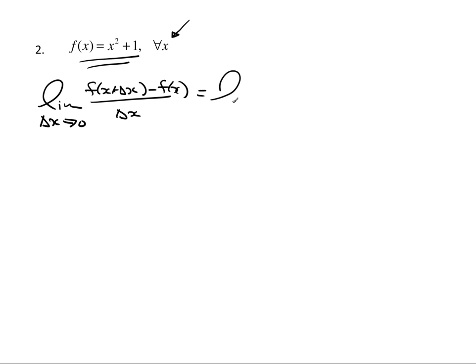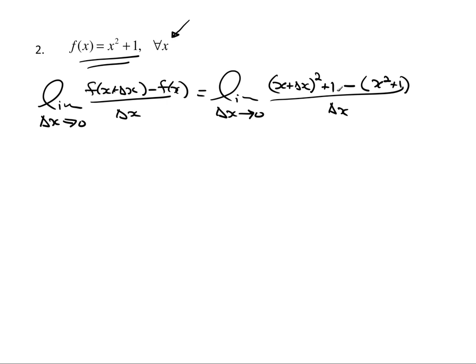That's going to be equal to the limit as delta x goes to 0 of f of x plus delta x, which is (x plus delta x) quantity squared, so that's now my x squared, plus 1, minus f of x, so that's going to be minus (x squared plus 1), divided by delta x. Now clearly if I just let delta x go to 0, again I'm going to get 0 over 0.